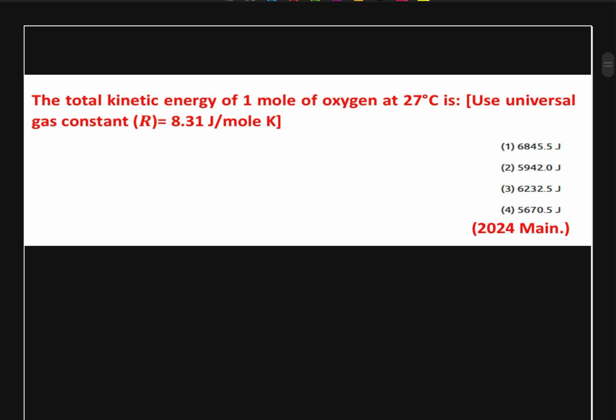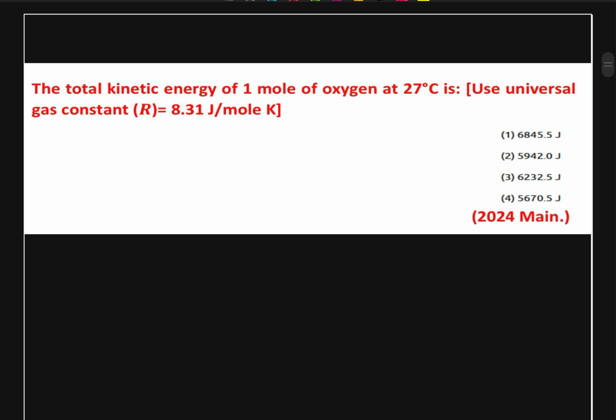It says that the total kinetic energy of 1 mole of oxygen at 27 degrees centigrade is, use universal gas constant as 8.31.